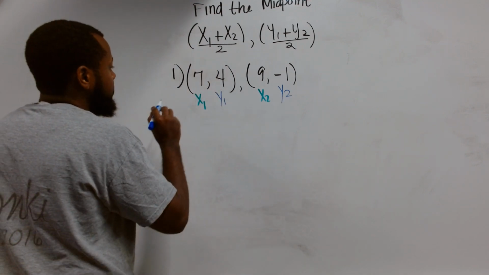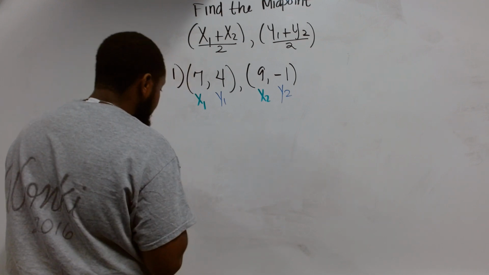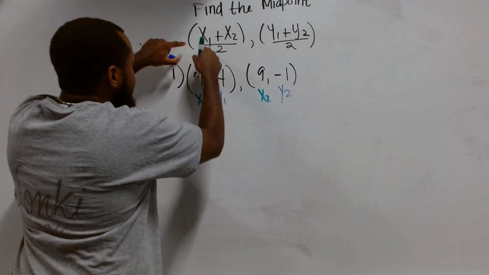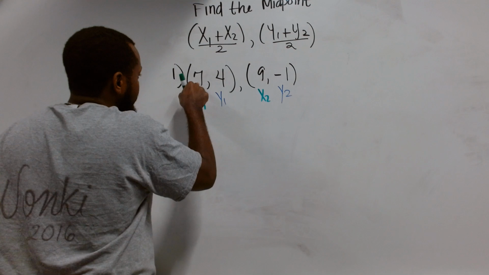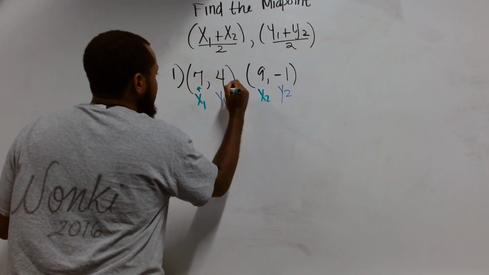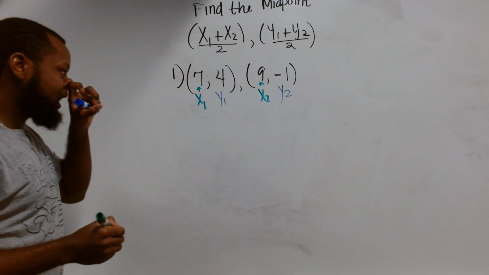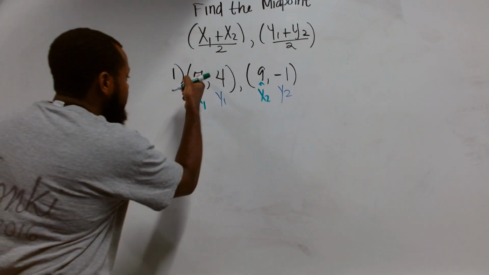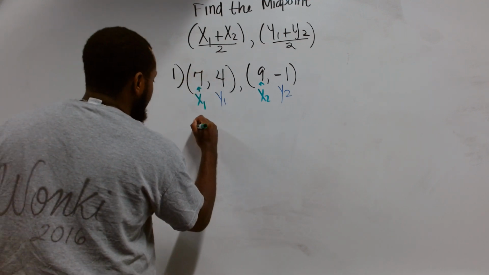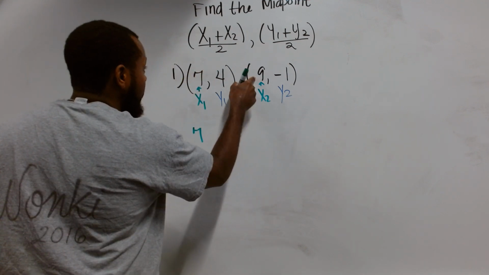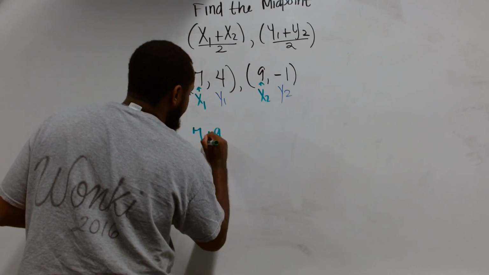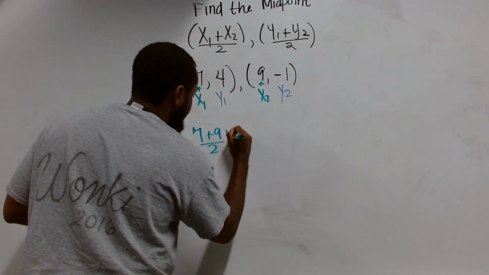We're going to go ahead and start with the problem. We're going to attack our green numbers first. So, x1, who is the x1 number? You always look at who is above the x1 and the x2. I see 7 is above x1, and x2 is 9, divided by 2.